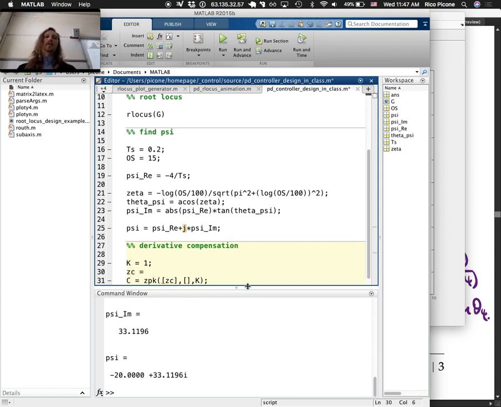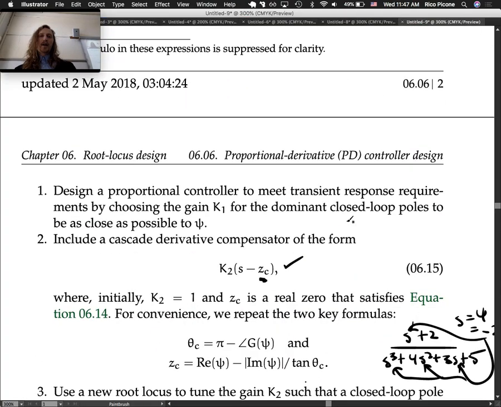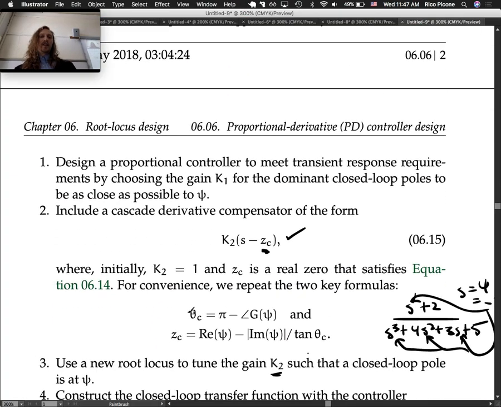We're ready for that point, right? We've got our two formulas here. We've got to compute theta C and then ZC first. So, are you guys ready? Okay.